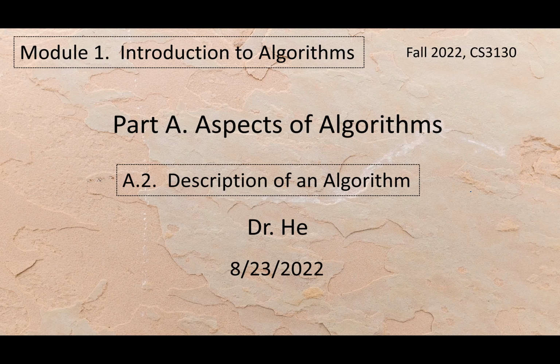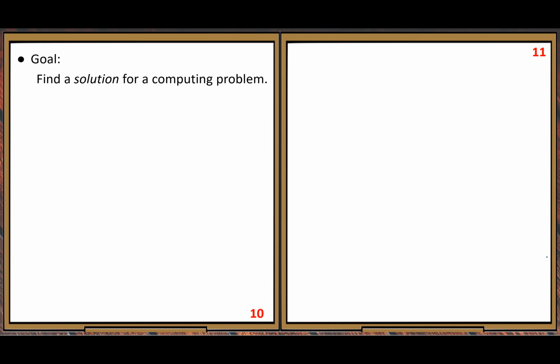First, our goal this time is to find a solution for a computing problem. For the solution, we need to write a computer program. That is our solution, all right? Coding, that's the solution. To find a solution, this time we need a precisely defined procedure to solve the problem.